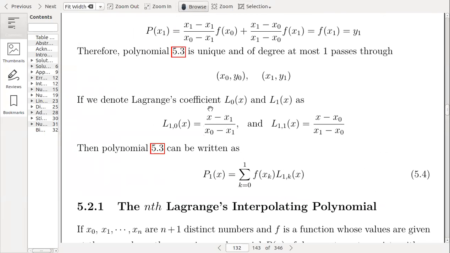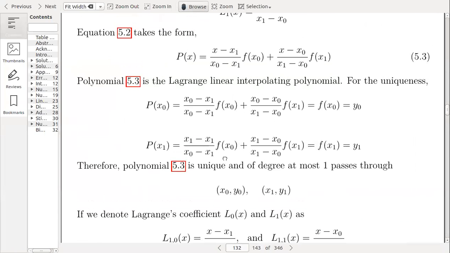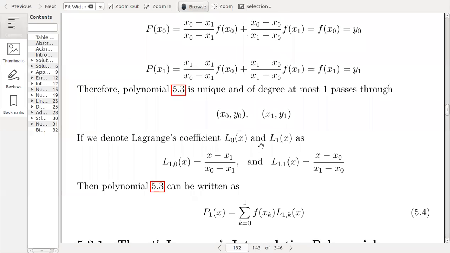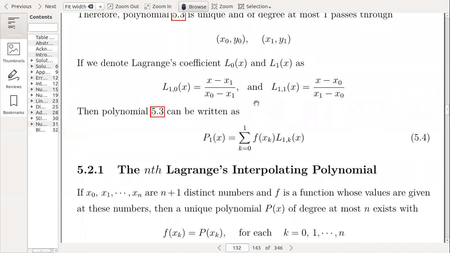if you observe here, we have simply written L1 of x because we were clear that this polynomial is of degree 1, and we can write L0 of x because we were clear that this polynomial is of degree 1.